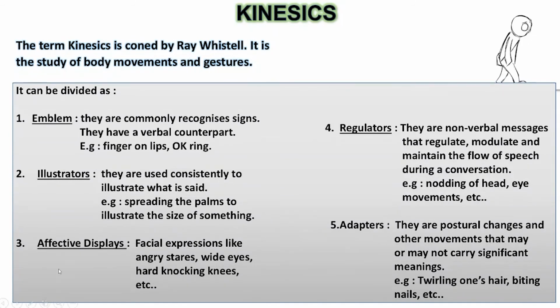Now the second one is illustrators. Illustrators are used consistently to illustrate what is said. If you are teaching in a class, or explaining to your friend that you have 5 apples, you extend your arm and your palm and show your 5 fingers to indicate that you have 5 apples.